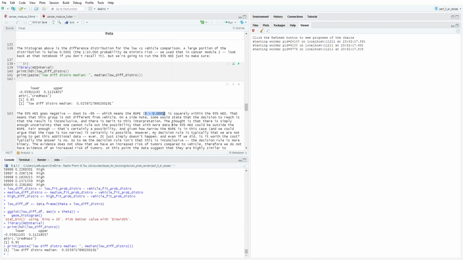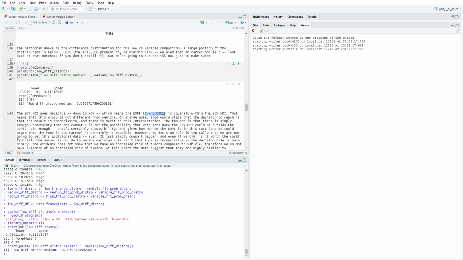The way I apply my decision criteria, I would say that vehicle and the low dose group are not different from each other. Some people are going to differ with me, and their decision criteria are going to be to say that if the rope is smack dab in the middle, what you have is a situation where it's inconclusive. Now, unfortunately, based on my experience, I'd be calling most things in life inconclusive, and that's not really helpful.